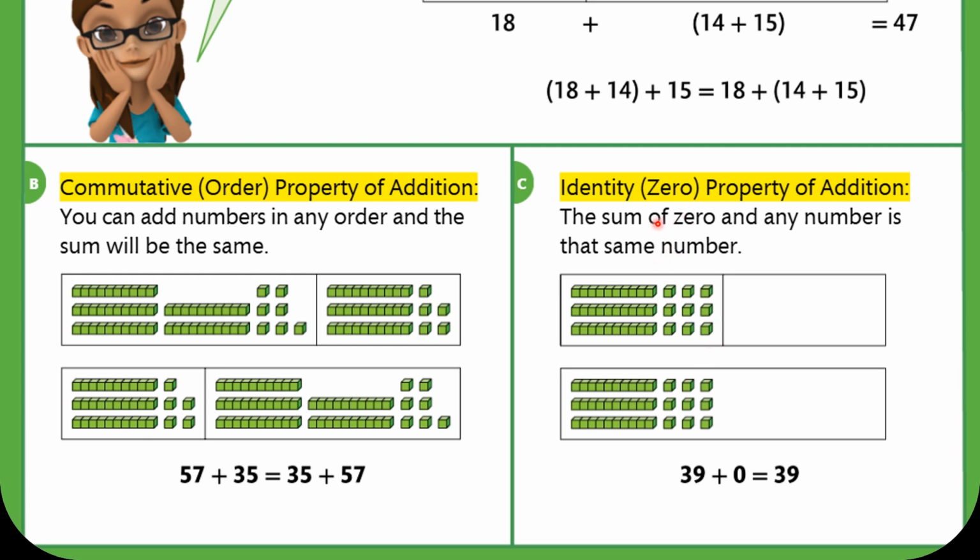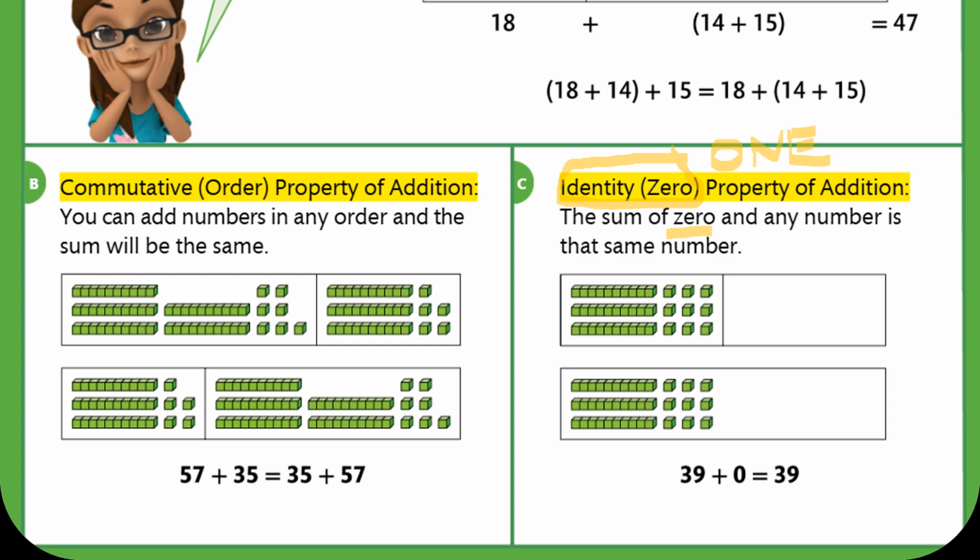All right. Now, the identity, zero property of addition. This is where things might get a little bit tricky for you because if you remember, the identity property in multiplication is the 1, right? So here it's the zero property. Now multiplication has its own zero property, so I want us to make sure we understand what that means.